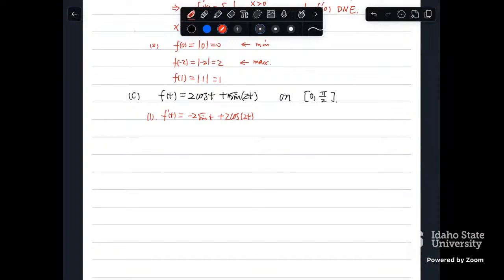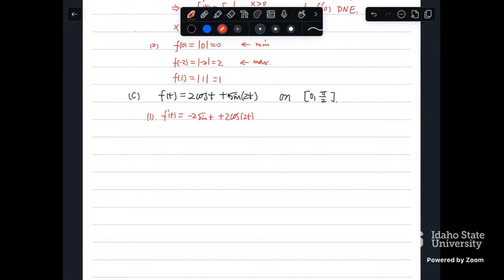We know this is a trigonometric function, which is continuous over the whole real line. That means this function is continuous on this interval, so the closed interval method applies in this case, right? The first step is to find the critical numbers, meaning you want to find where the derivative doesn't exist or the derivative equals 0.